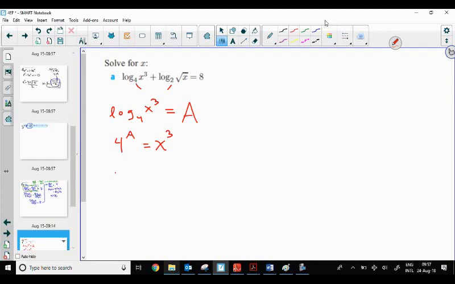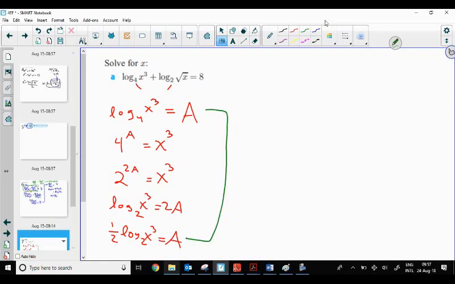So now I have 2 to the 2A is equal to x cubed. And I can then rewrite this in logarithmic form, base 2. Log base 2 of x cubed is equal to 2A. I then divide by 2, and I get a half of log base 2 of x cubed is equal to A.